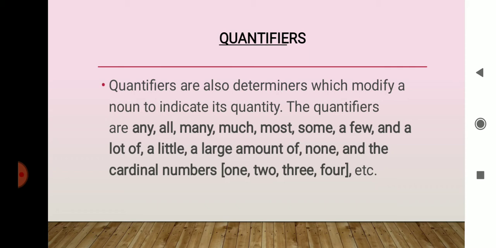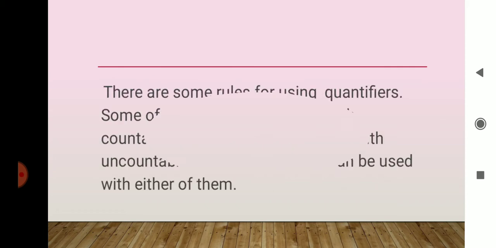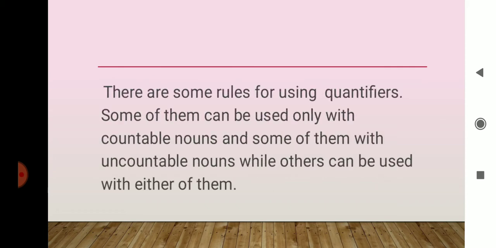You can see some more things about it. There are some rules for using quantifiers. Some of them can be used only with countable nouns and some of them with uncountable nouns, while others can be used with either of them.